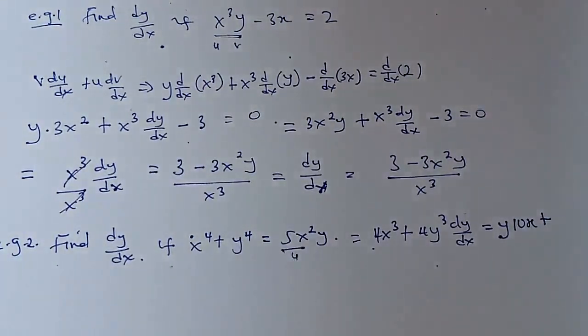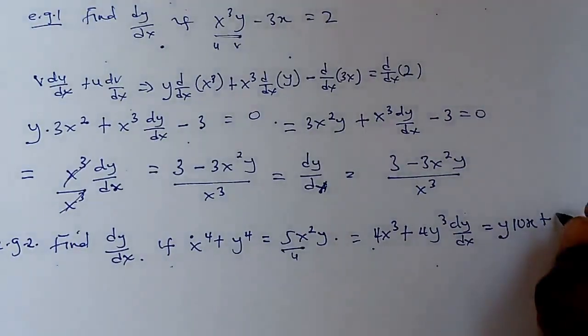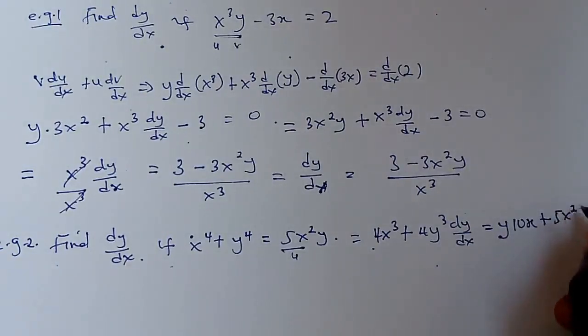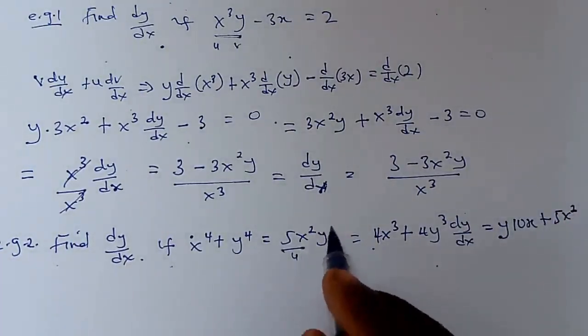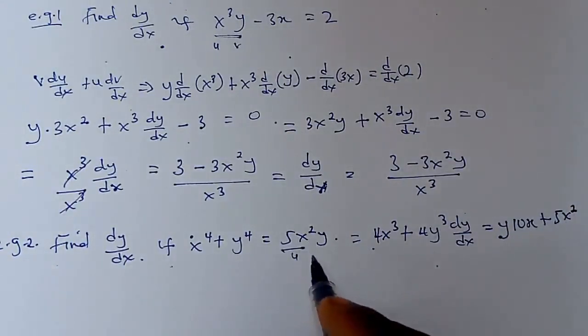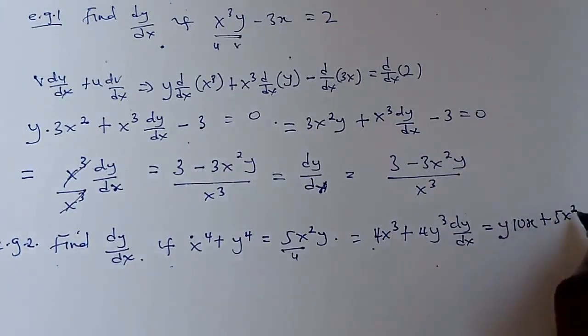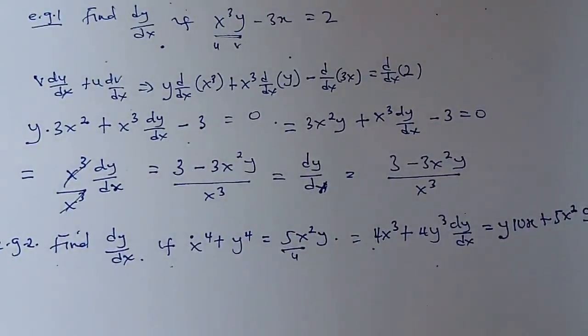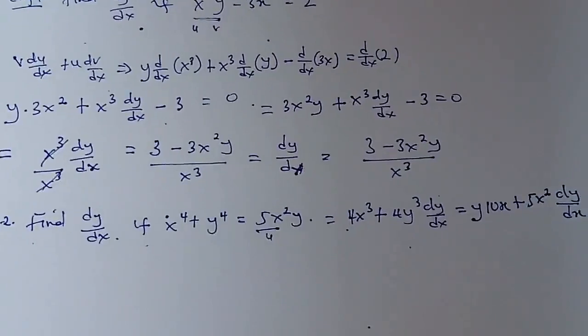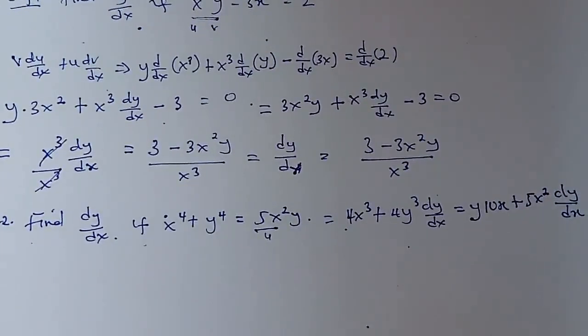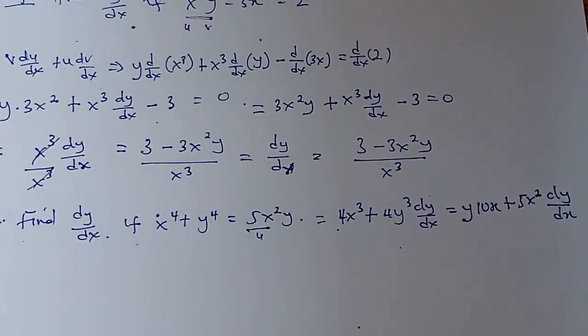Our u is 5x to the power 2. So 5x to the power 2, and find the derivative of the v, which will give us dy over dx. Okay, so this is how we are just going to find it.